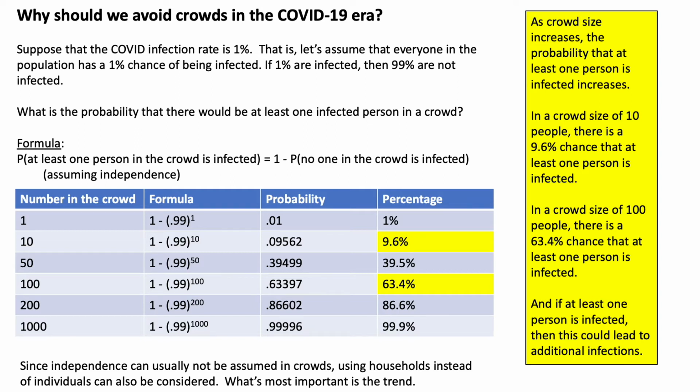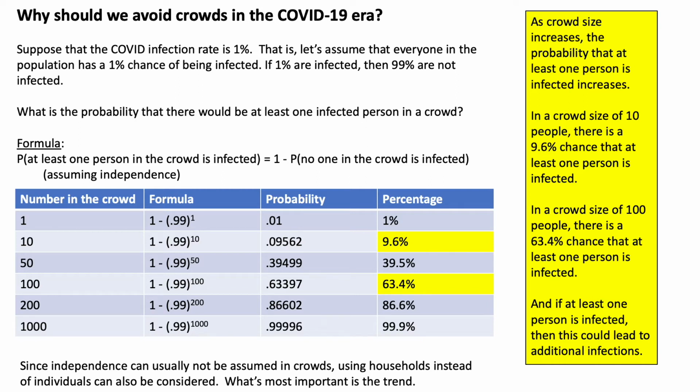You can see a couple of the cells that I have shaded yellow there. In a crowd size of 10, there is a 9.6% chance that at least one person is infected. If you increase this to a crowd size of 100 people, there's a 63.4% chance that at least one person in the crowd is infected.